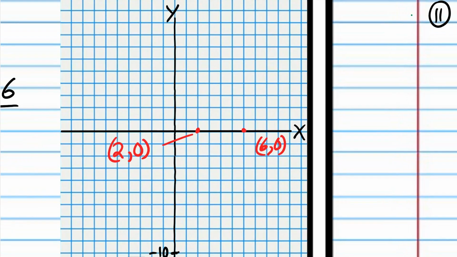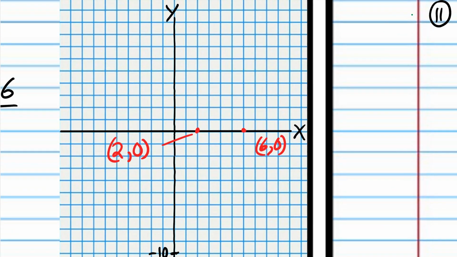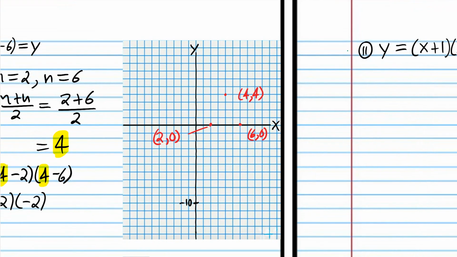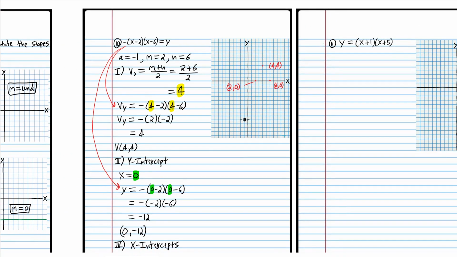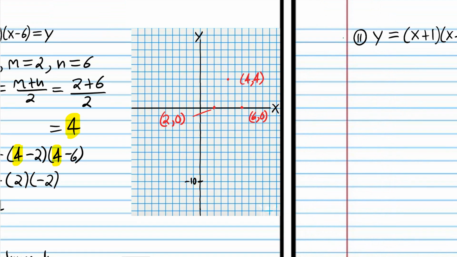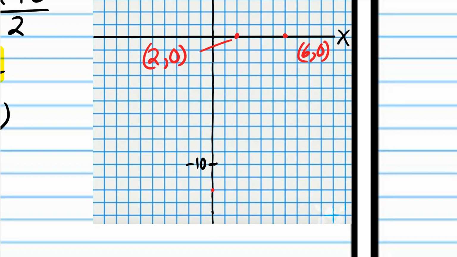And the vertex was (4, 4), which would be here. And the y-intercept was (0, -12). This is all stuff that we figured out doing the math.